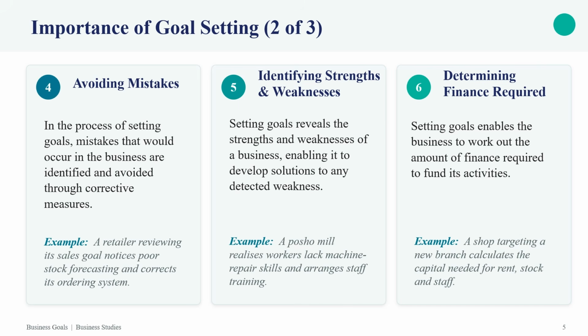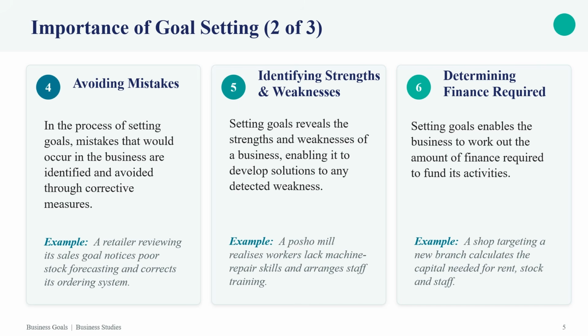Another importance is avoiding mistakes. If you set your goal straight, then you avoid most mistakes that happen within a business. In the process of setting goals, mistakes that will occur in the business are usually identified in advance so that you can avoid them through corrective measures.